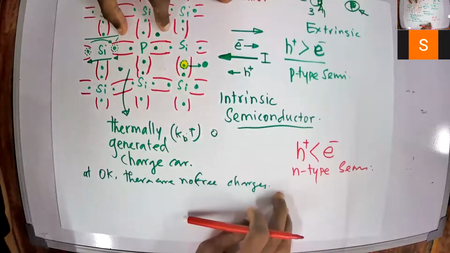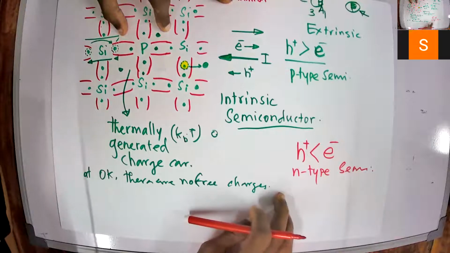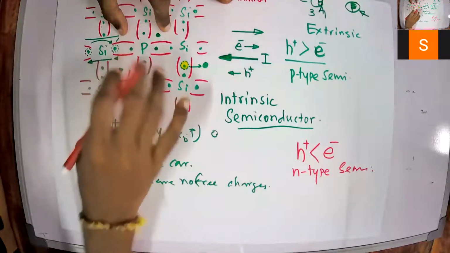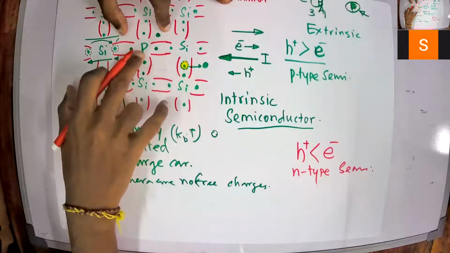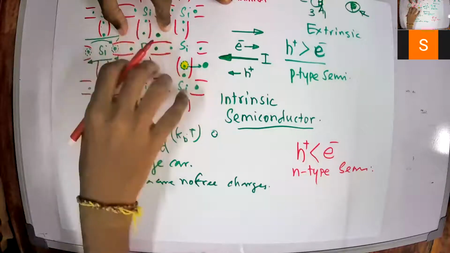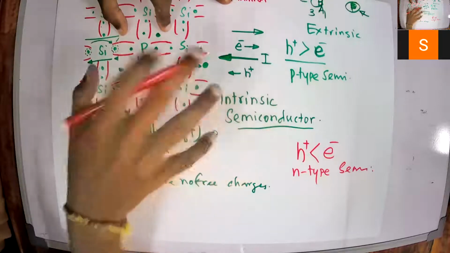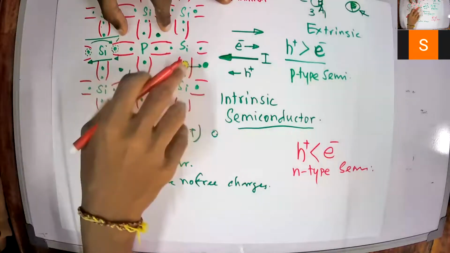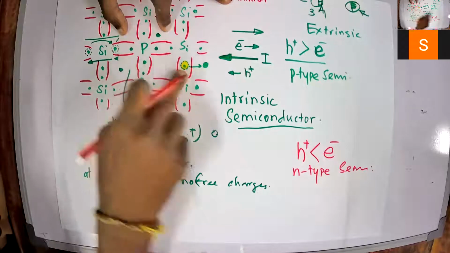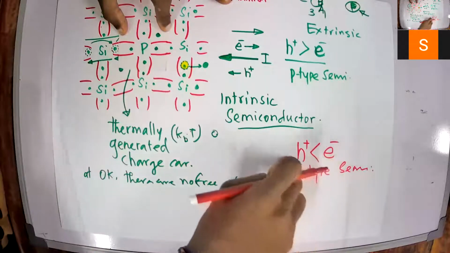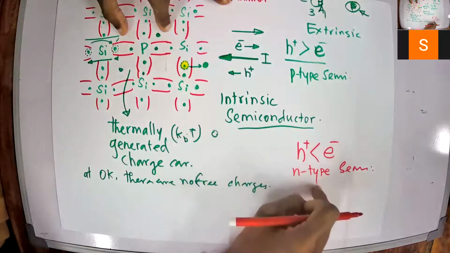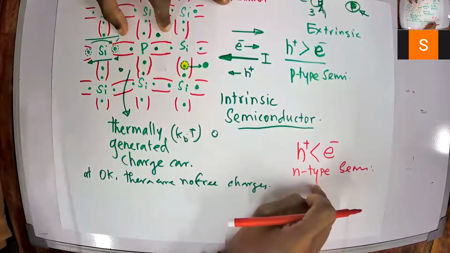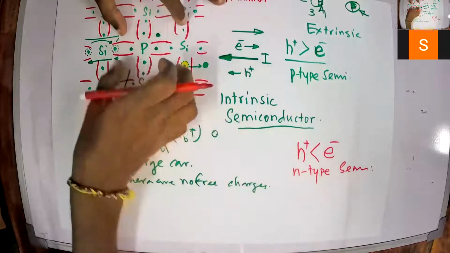Again, it doesn't mean that the material has a net negative charge, because phosphorus has +5 charge, so with 5 electrons, it will be 0, but effectively there will be a higher number of electrons than holes at room temperature. Hence, we call it negative type or n-type semiconductors, right?